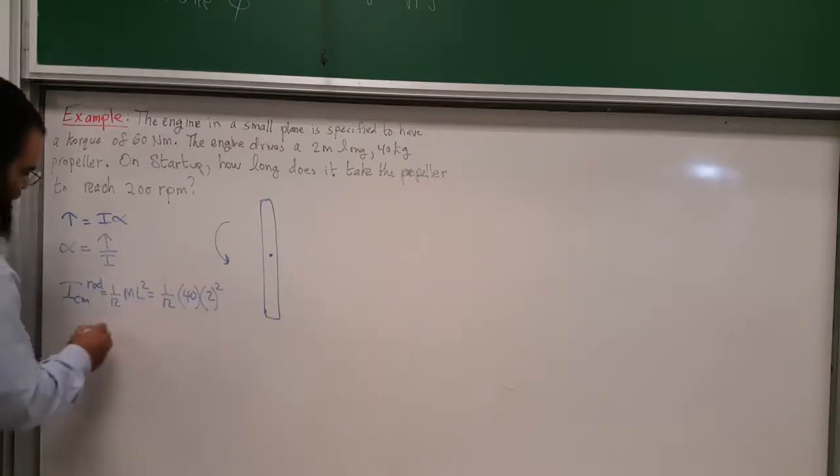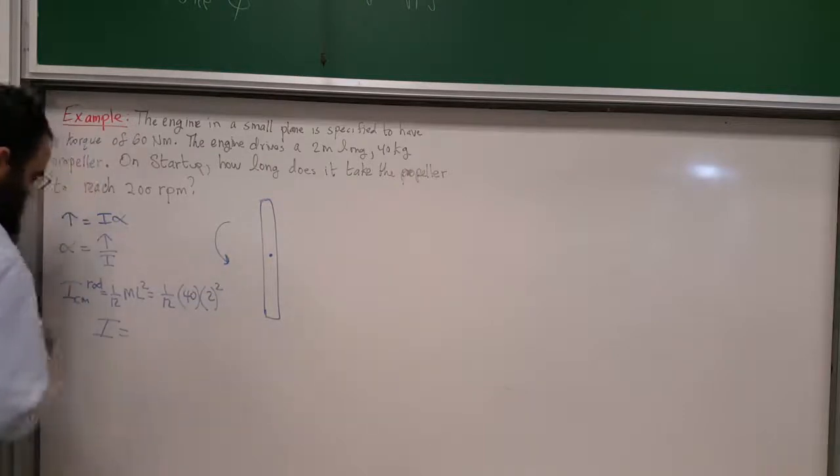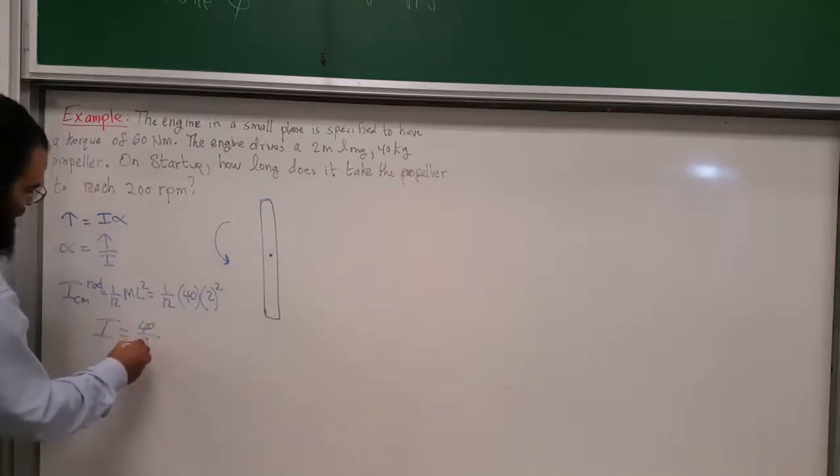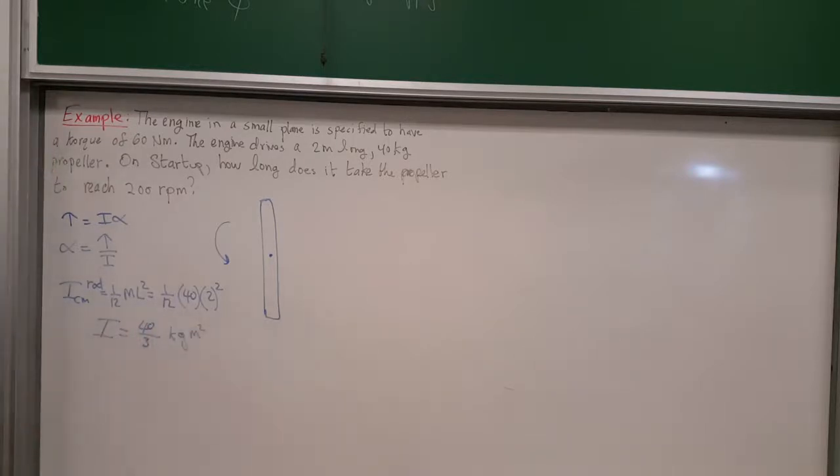So the moment of inertia I about the center of mass for a rod will be approximately, let's write it down, 40 times 4, that's 160 over 12. That's about 40 over 3 kilogram meters squared. I will leave the 3 there because when we divide the 60 newton meters of torque, we'll get a nicer number.